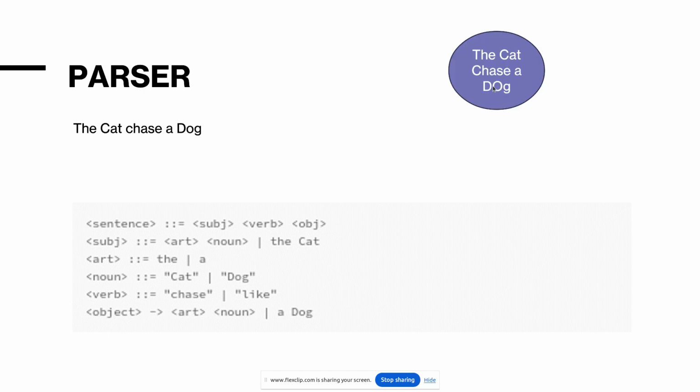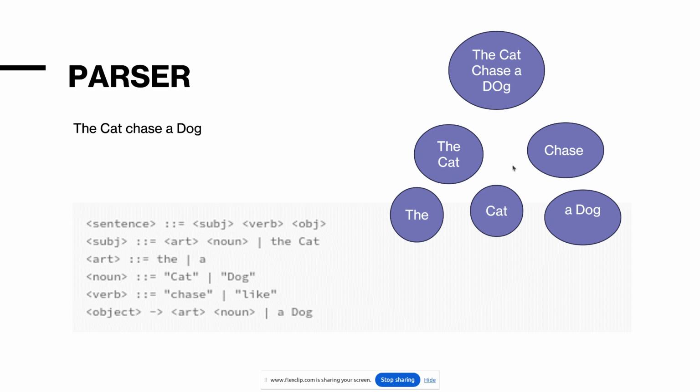It could separate into the cat, chase, and a dog. The cat is the subject, and this subject breaks down into article and noun. So the smallest units are the cat: article and noun.